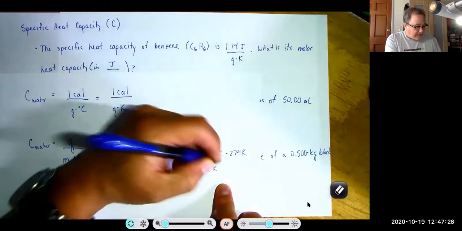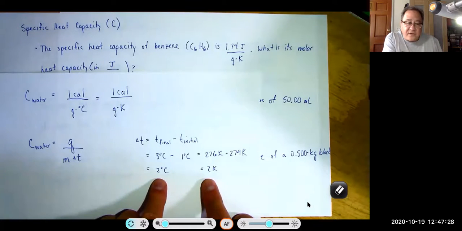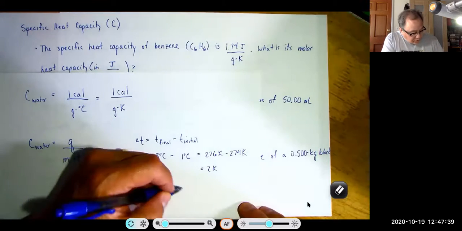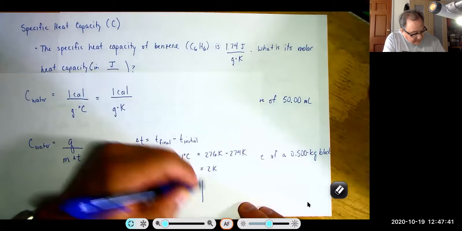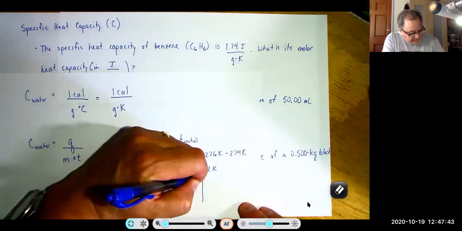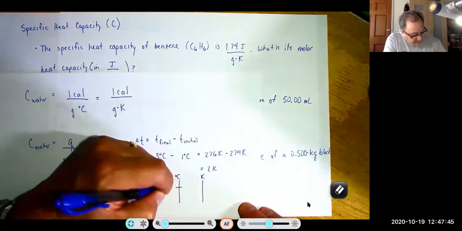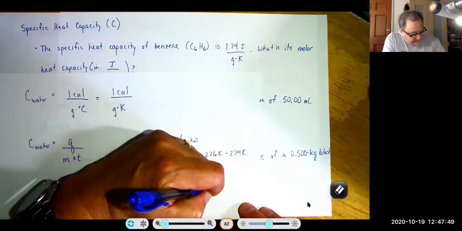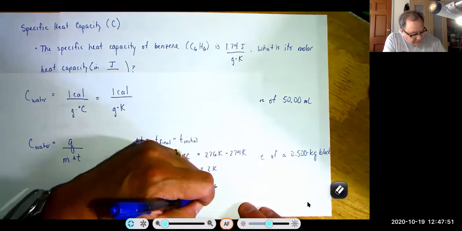Now, this does not say that 2K equals 2 degrees Celsius. This says that the change of 2 degrees Celsius equals the change of 2 Kelvin. So if we drew the two number lines here, degrees Celsius and Kelvin, here if you had 3 and 1, the same temps would be 276 and 274.